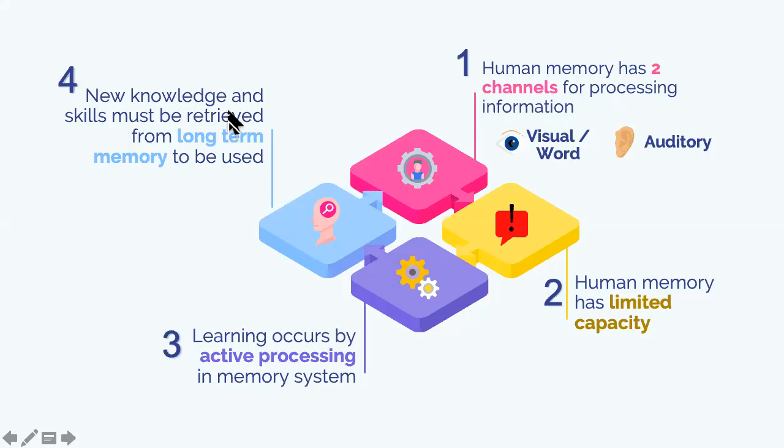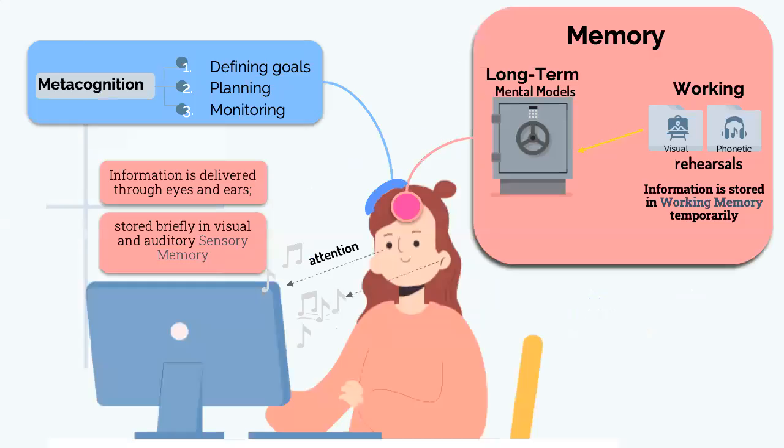So new information and skills must be retrieved from long-term memory to be used in order to process the new information coming in. And if certain sense making can be performed, the new information integrates with the existing information and can form another understanding of the theories or of the information, and it will be stored in the long-term memory.